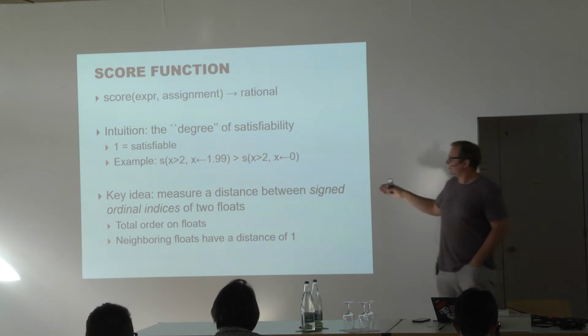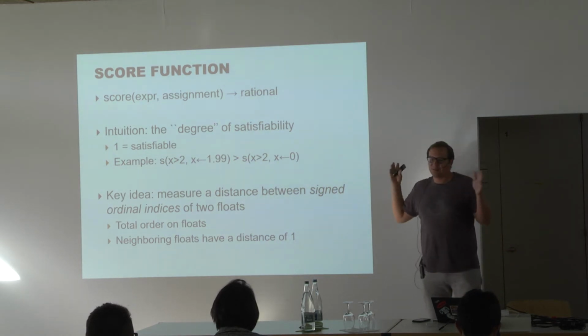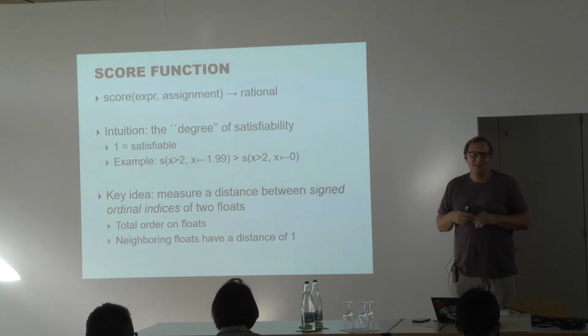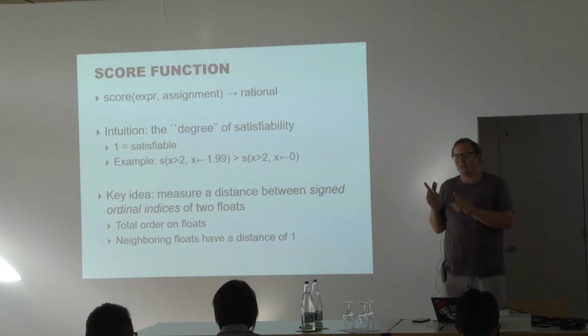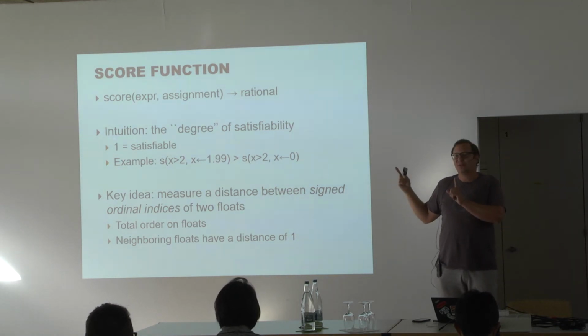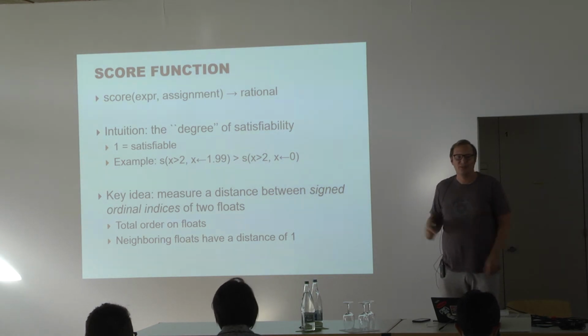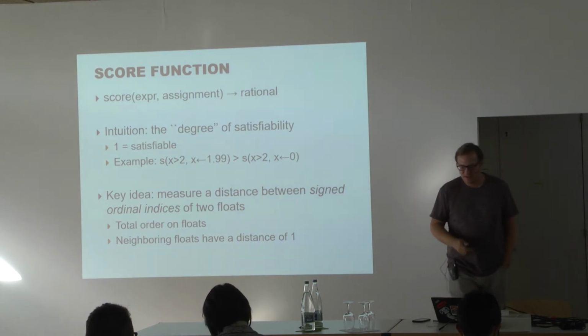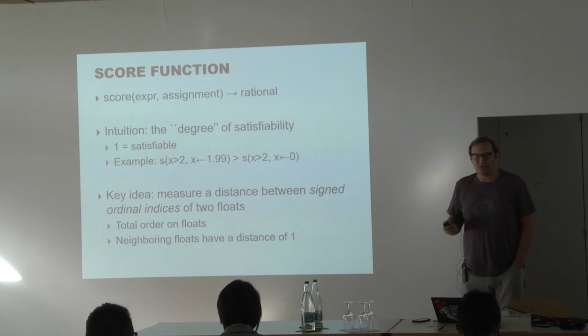And we don't just compute the distance between two floats as a score, because if you remember the number line for floats, even though two floats are neighbors, when your exponents are large, their distance is going to be very large. So that's why we want to avoid this. By doing this, we get rid of that. So that's our score function.